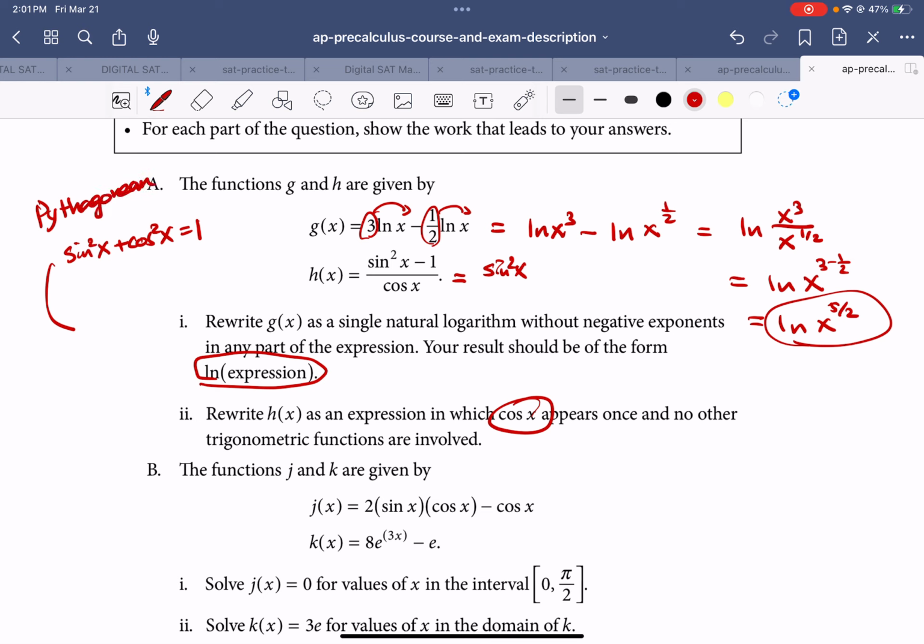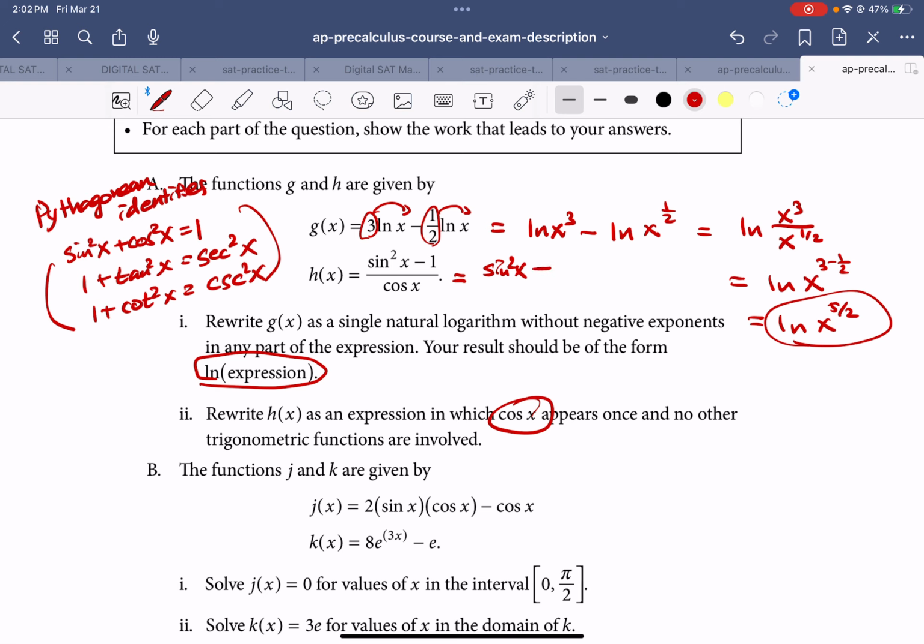You have this one, and then 1 plus tangent squared x equals secant squared x, and 1 plus cotangent squared x is cosecant squared x. I want you to memorize all of them. Even if you can derive them, if you don't memorize them, you don't recognize them. So I want you to memorize them.